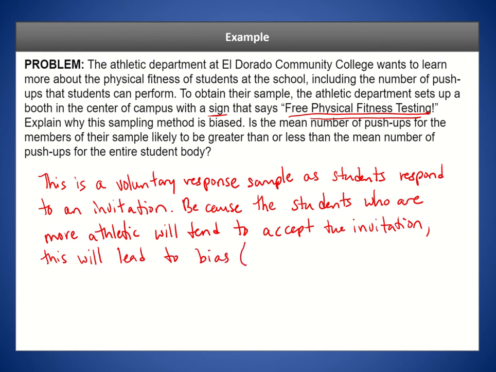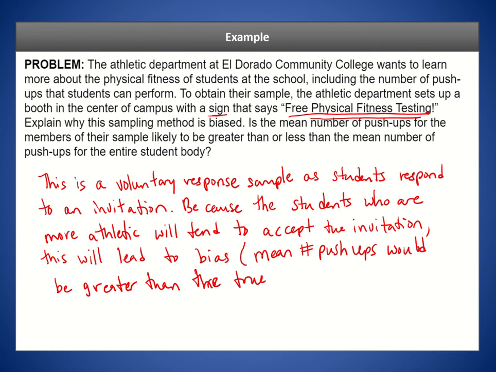In this case, the mean number of push-ups would be greater than the true number of push-ups for the student body.